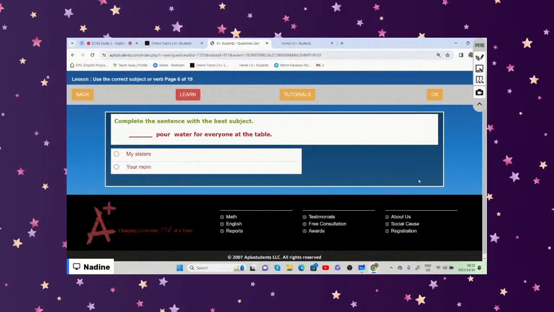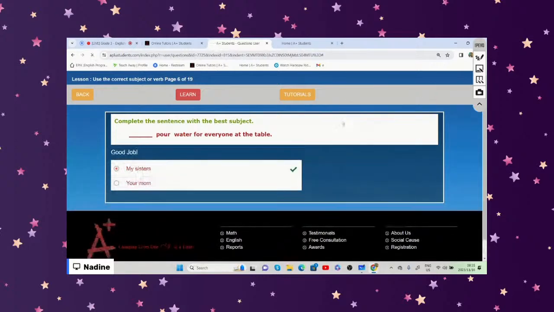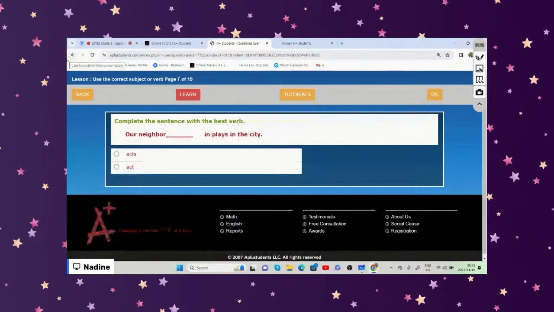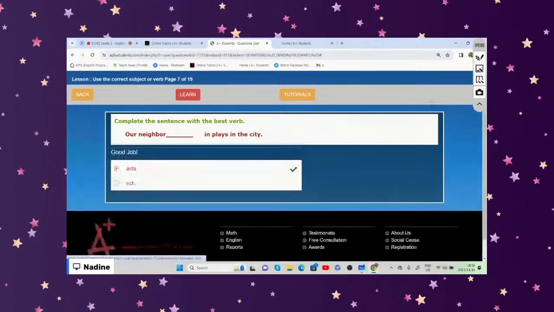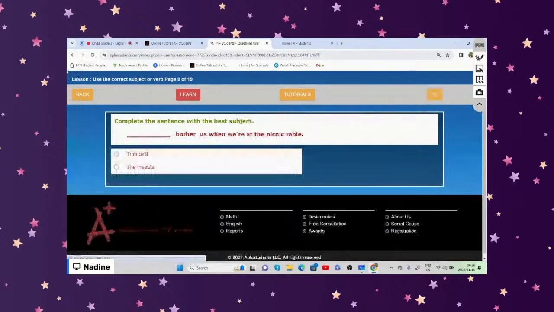So we can say, my sisters, they pour water for everyone at the table. So our neighbor refers to one, plays in the city. Well done.